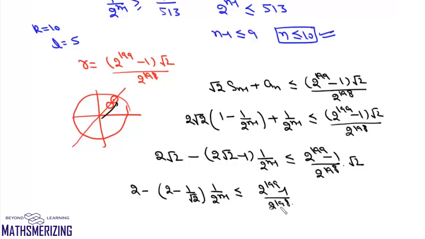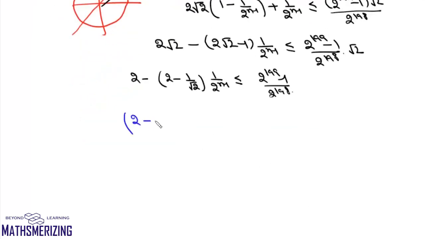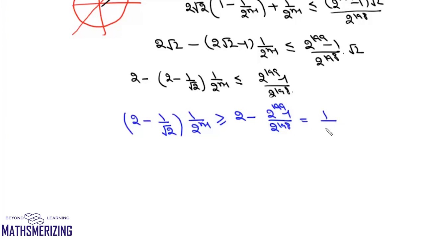Now we rearrange it a bit. We can write (2 minus 1 upon root 2) 1 upon 2 to the power of n minus 1 will be greater than or equal to 2 minus (2 to the power of 199 minus 1) upon 2 to the power of 198. Now 2 to the power 199 will cancel. So it will be simply 1 upon 2 to the power of 198.